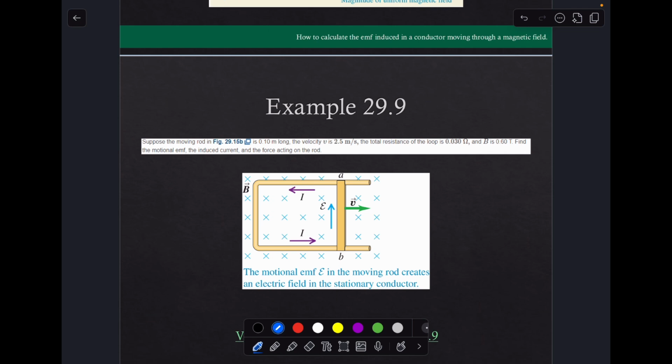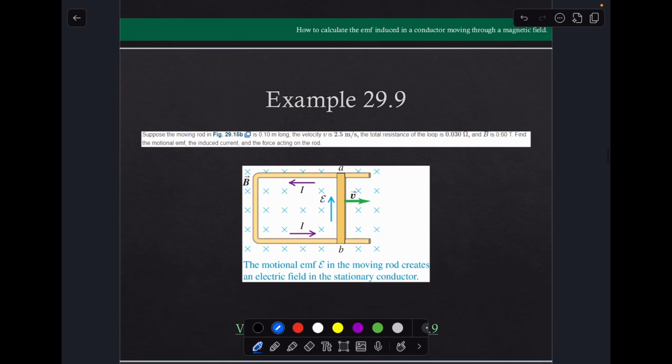So here we're just kind of plugging in some values. So suppose we have this rod and it's 0.10 meters long. So that'll be L. Okay, so suppose L is 0.1 meters, velocity 2.5 meters per second, resistance of the loop, and then the magnetic field.